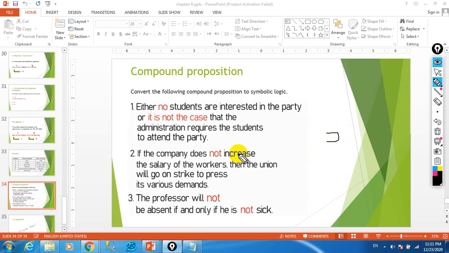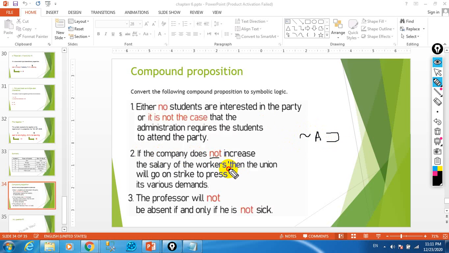So the second thing, now the first proposition, the company does not increase the salary of the workers. So here we have negation. For example, this is proposition A, so we should put negation A. If the company does not increase the salary, then what should be done?